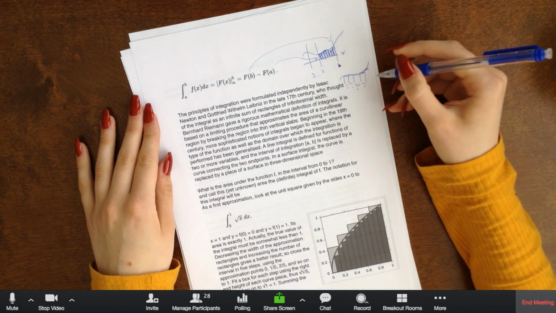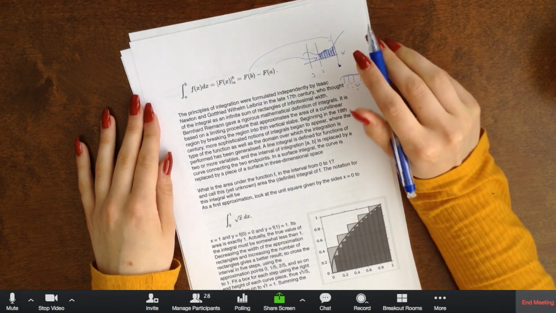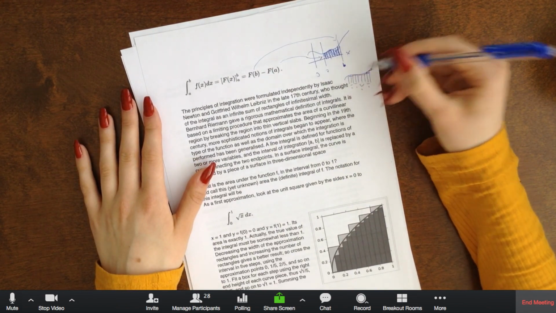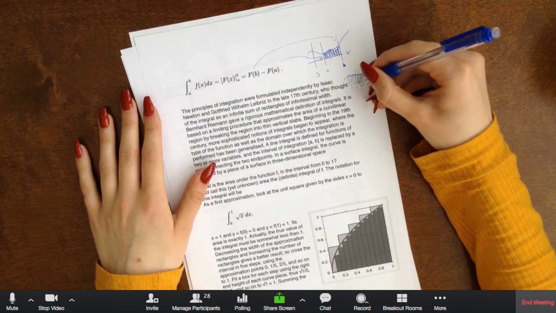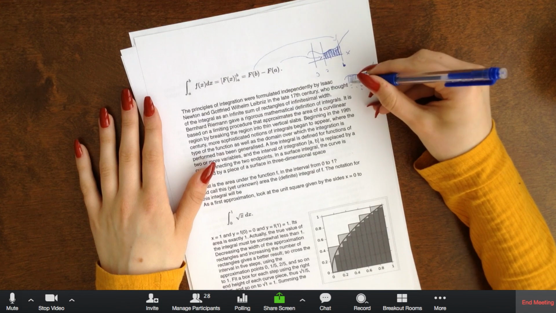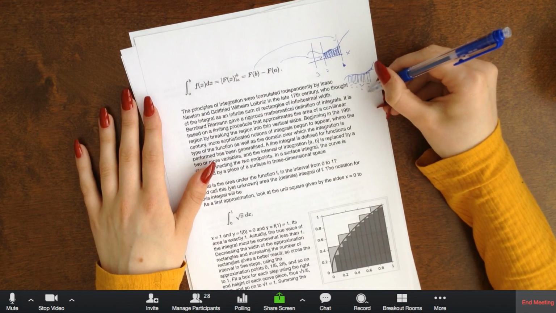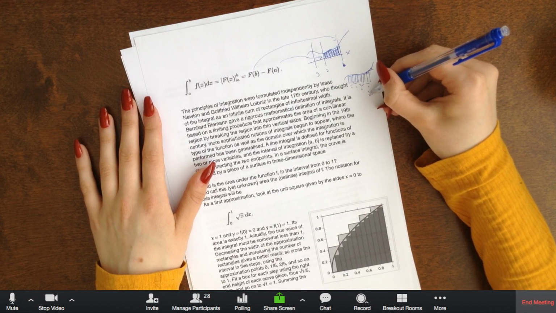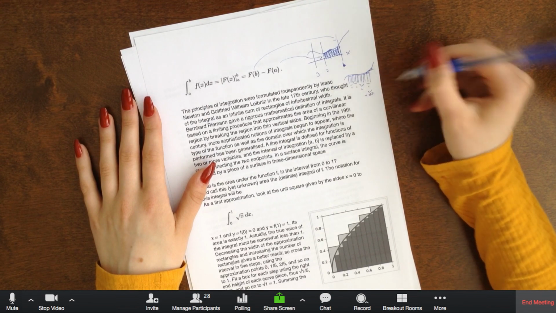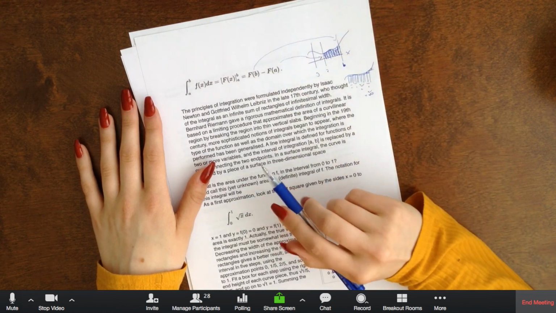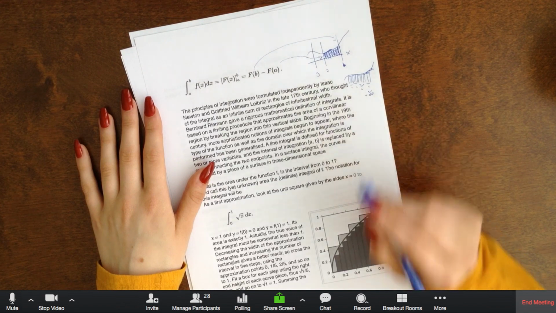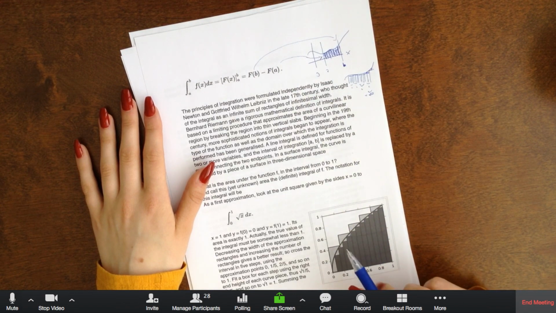But when we get more of these rectangles, so let's get a few more in there and so on, I hope you get the idea. So that eventually all of these small slabs have a width which is infinitely small, and then we're approaching the actual integral. So we have a picture right here.